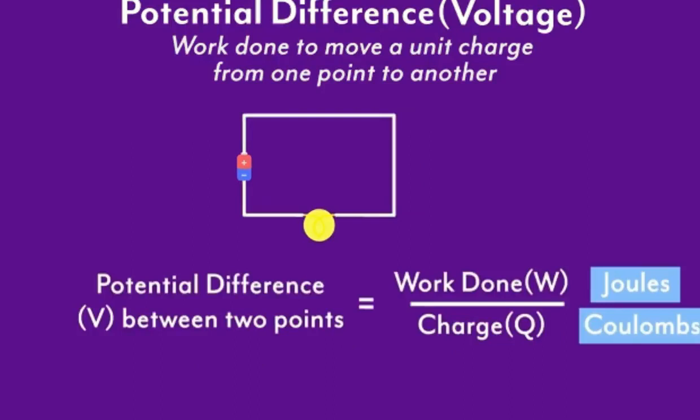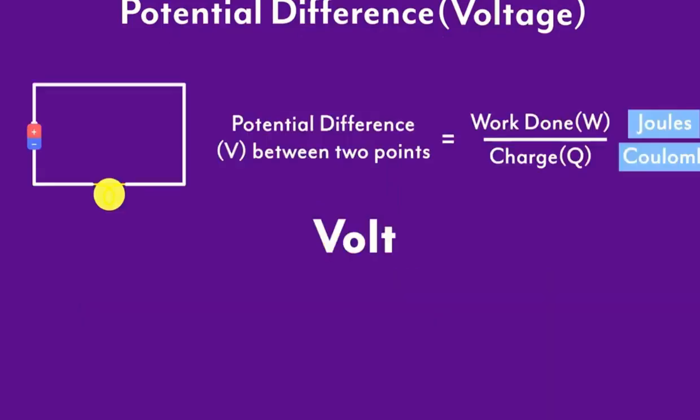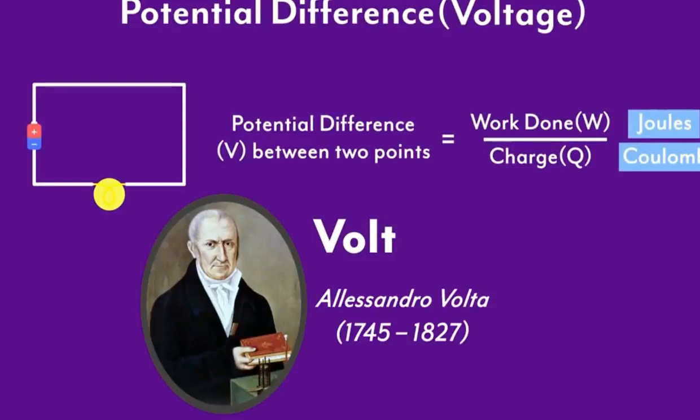Potential difference is denoted by V equals W by Q, where work done is denoted by W and charge by Q. We know that work is measured in joules and charge in coulomb. What is the SI unit of potential difference? It is volt. It is named after an Italian physicist, Alessandro Volta.